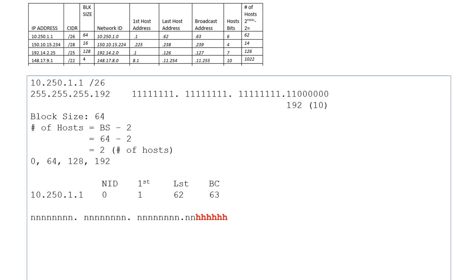Now our first block is going to start out with a binary 00.